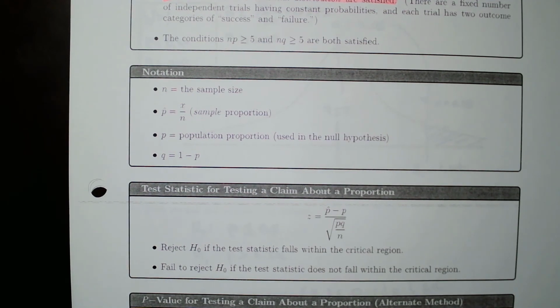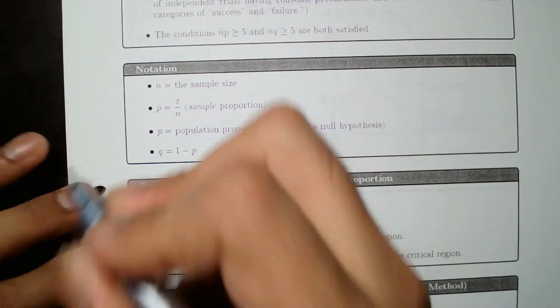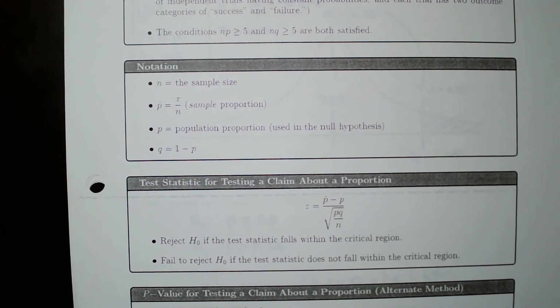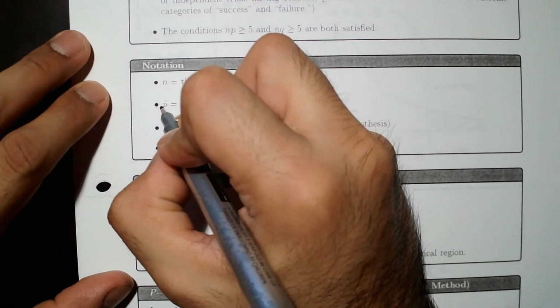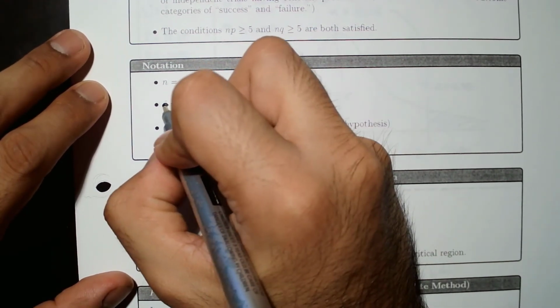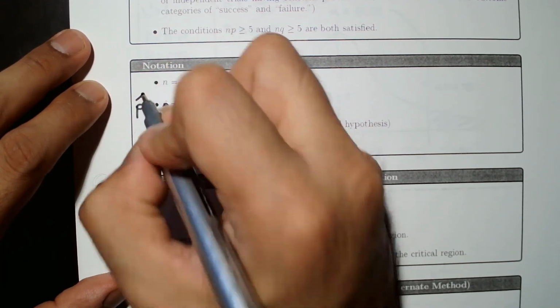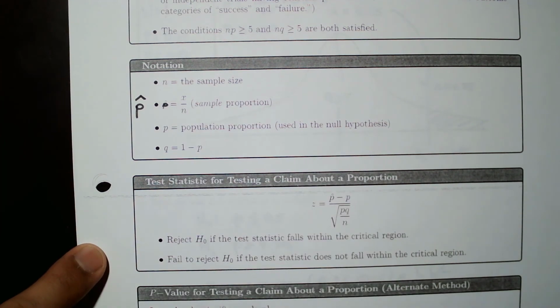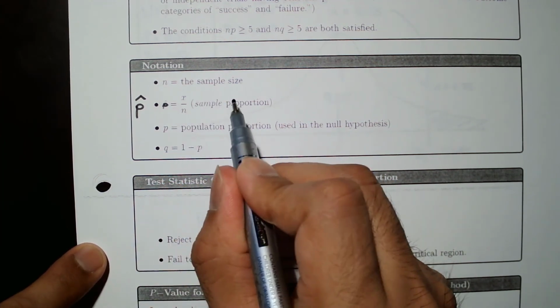Okay, this is a p with a hat. That's going to be x divided by n, which is the sample proportion.